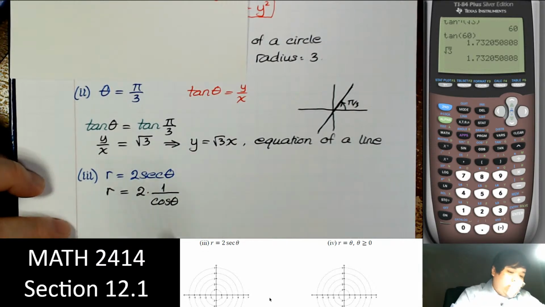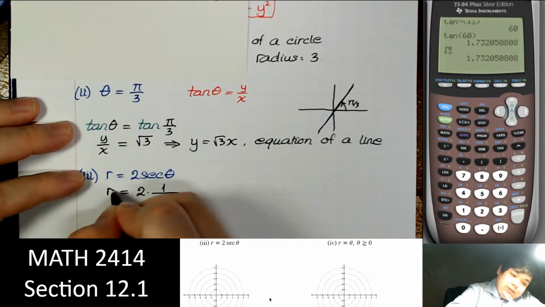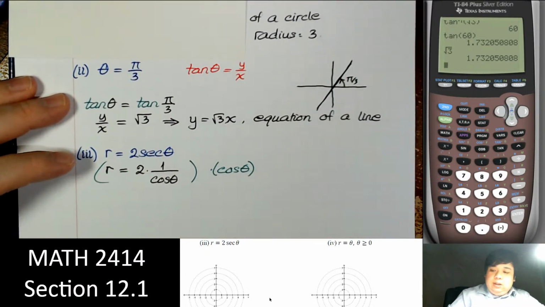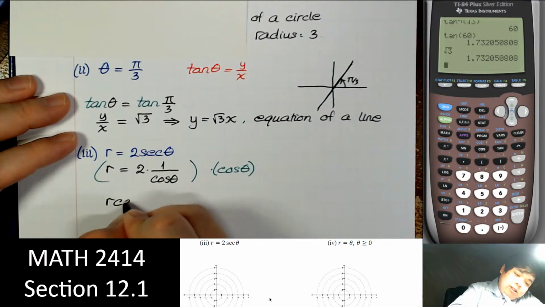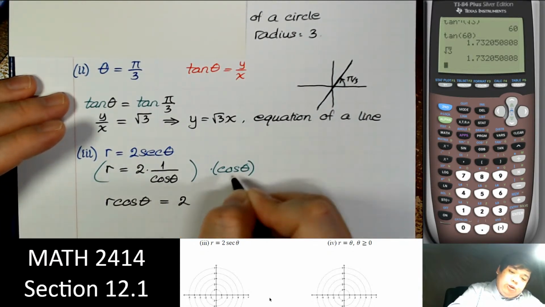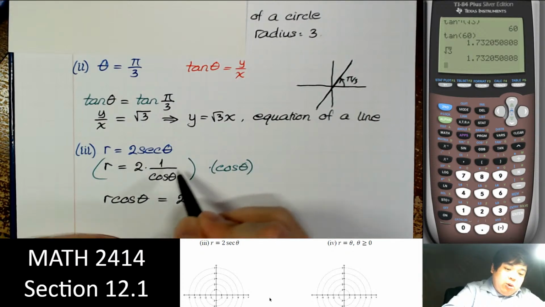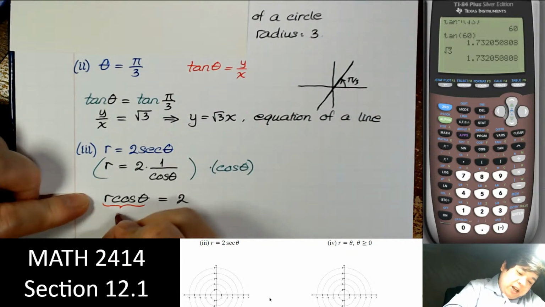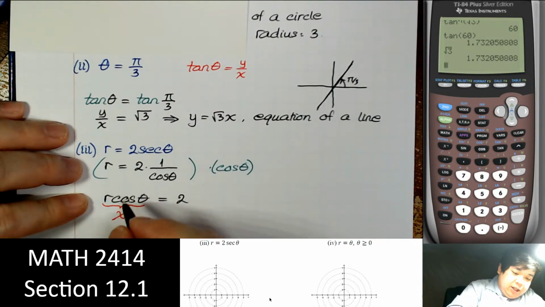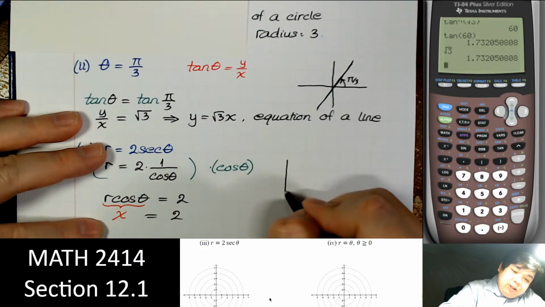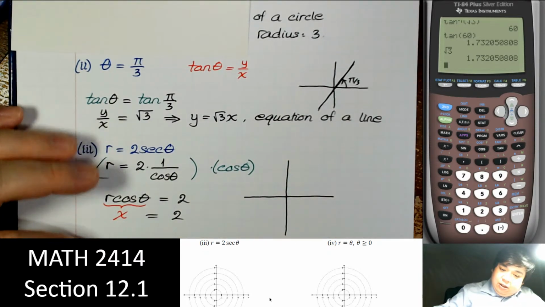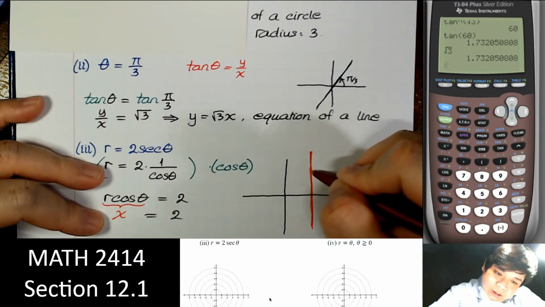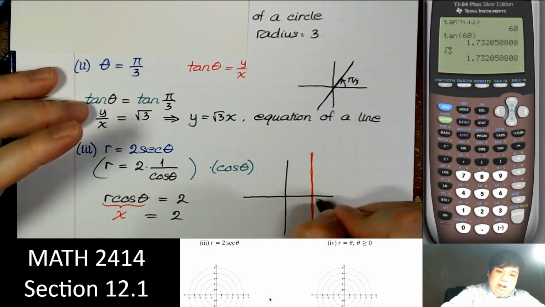If we multiply cosine on both sides, we have r cosine theta equal to 2, because when we multiply this side, cosine cancels out. And finally, r times cosine is x. So x equal to 2. Of course, it's the vertical line, x equal to 2.